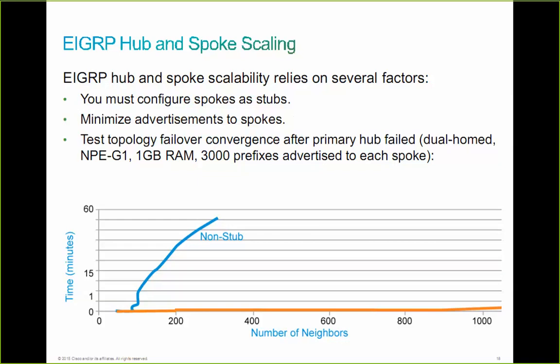Now, it looks like in this case, they had over 1,400 routers, or neighbors, right? The orange line is supposed to represent the number of neighbors. So it's clearly more than 1,000 neighbors. It looks like maybe 1,500, maybe 1,400 neighbors that were successfully configured, all right?